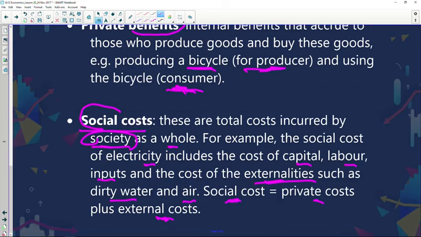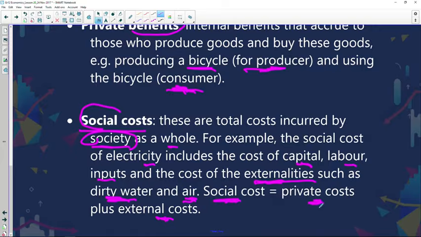And then social costs, we said these are total costs incurred by society as a whole. For example, the social cost of electricity includes the cost of capital, labor, and inputs, and also externalities such as dirty water and air, which is pollution, in other words. When we are trying to grow our economy using the primary sector, or we have a policy that encourages a lot of economic activity in the primary sector, that is your manufacturing, your farming, your fishing, your forestry.